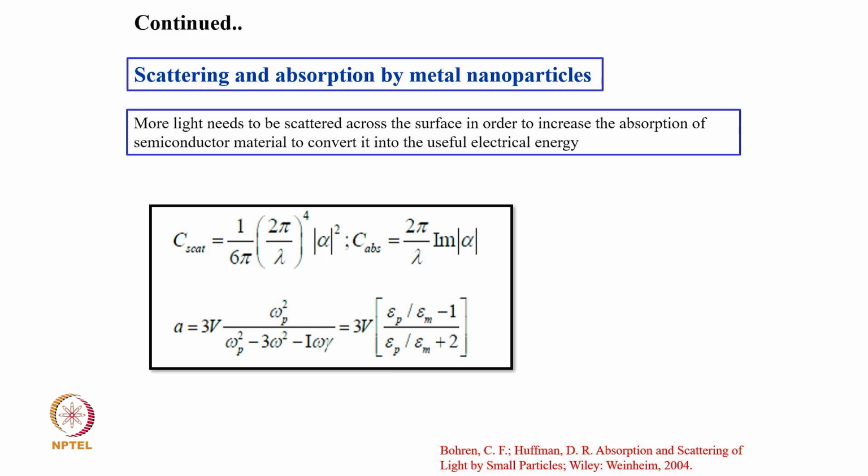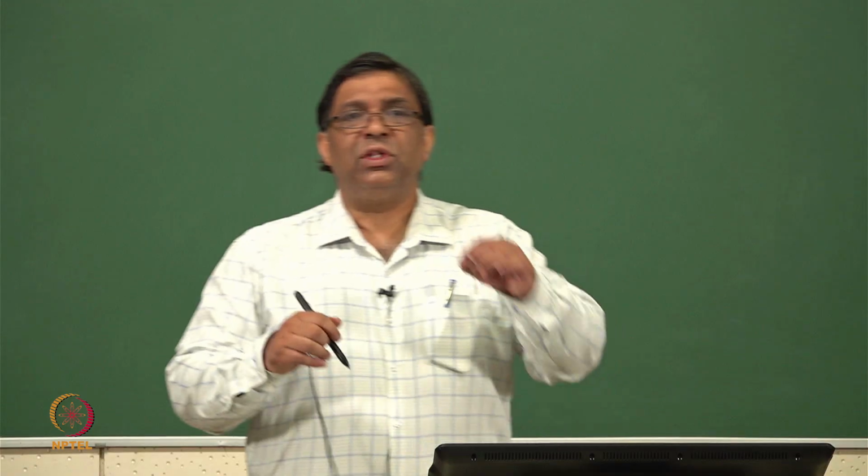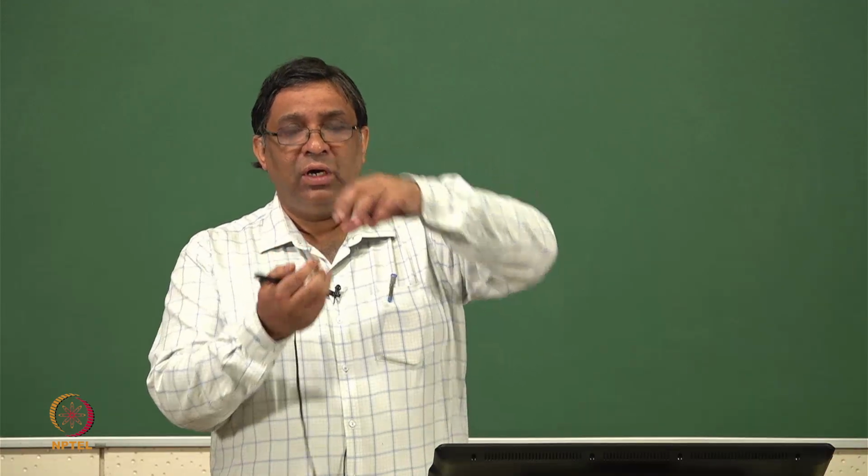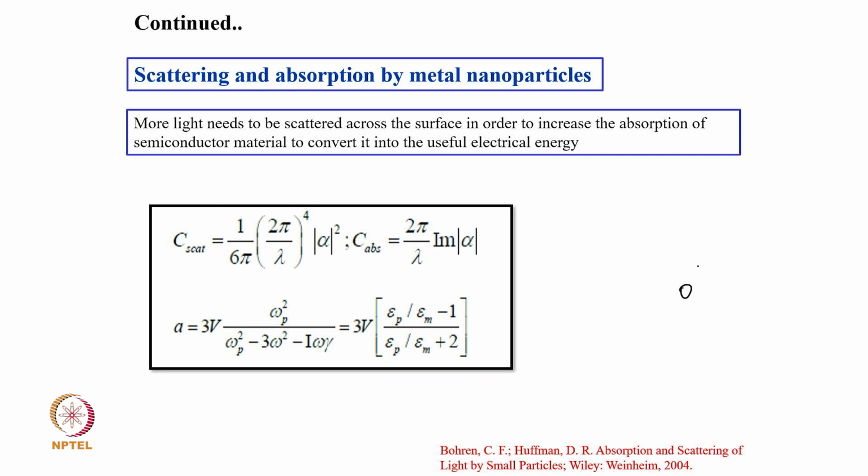So let me just show you one or two equations which are being used. Whenever light falls on a metal nanoparticle embedded in a dielectric matrix, these are metal nanoparticles (NPs), and this is a dielectric matrix.